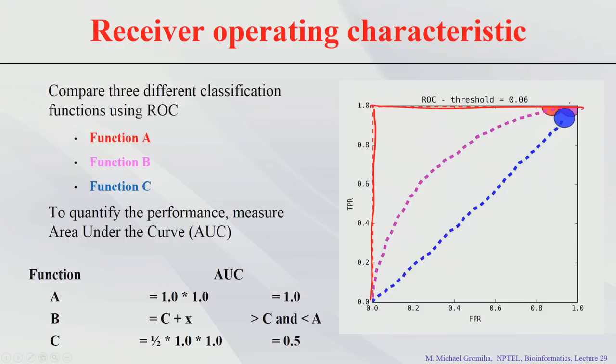If we take the blue one, it is completely random, because both the values are the same. In this case, it is 50% of this full square, which means it is equal to 0.5. So, this will be 0.5, and if we take the magenta one, function b, what will be the value?